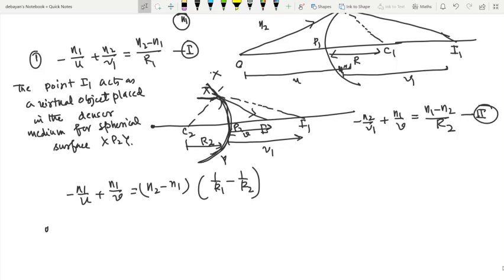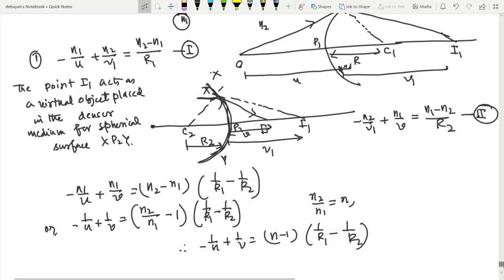And if the object is at infinity, we know that the image will be formed at the principal focus.